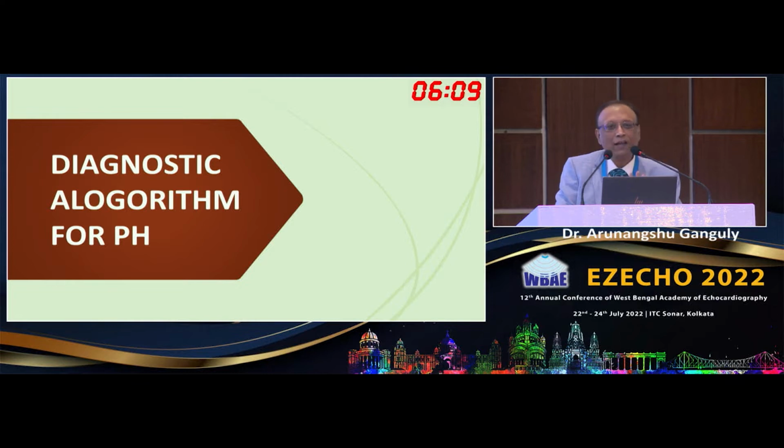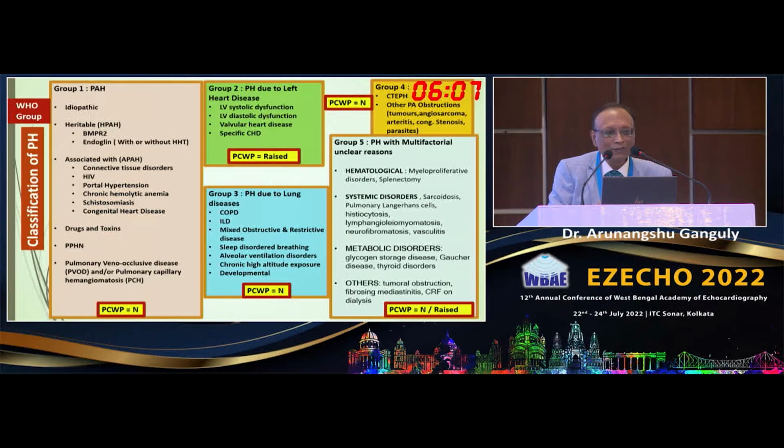So the diagnostic algorithm is, first you remember the causes. There are, according to WHO classification, 5 different subsets of pulmonary hypertension. Only the left heart causes have pulmonary capillary wedge pressure raised. Rest all have a normal pulmonary capillary wedge pressure.